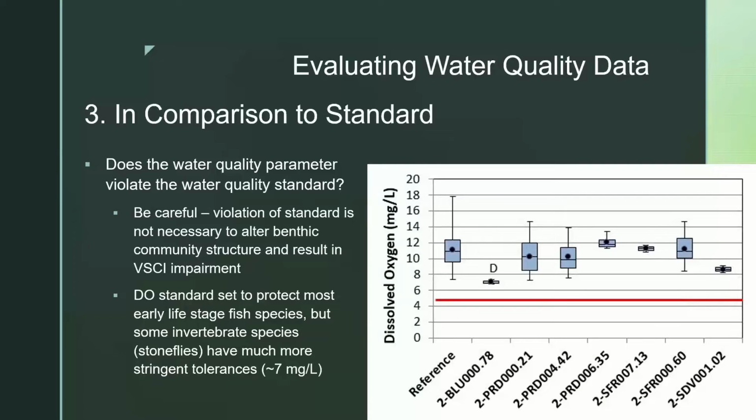So what does that mean? That means that we may begin to lose stonefly and maybe some other sensitive species as dissolved oxygen levels begin to decrease, even below 7 milligrams per liter. While our standard, we don't reach until we get to 5 or 4 milligrams per liter. So keep that in mind as well.